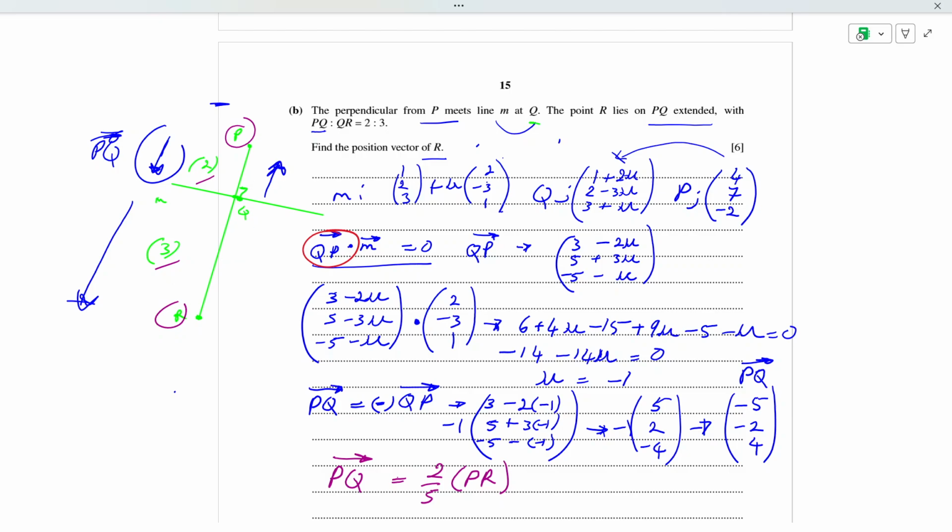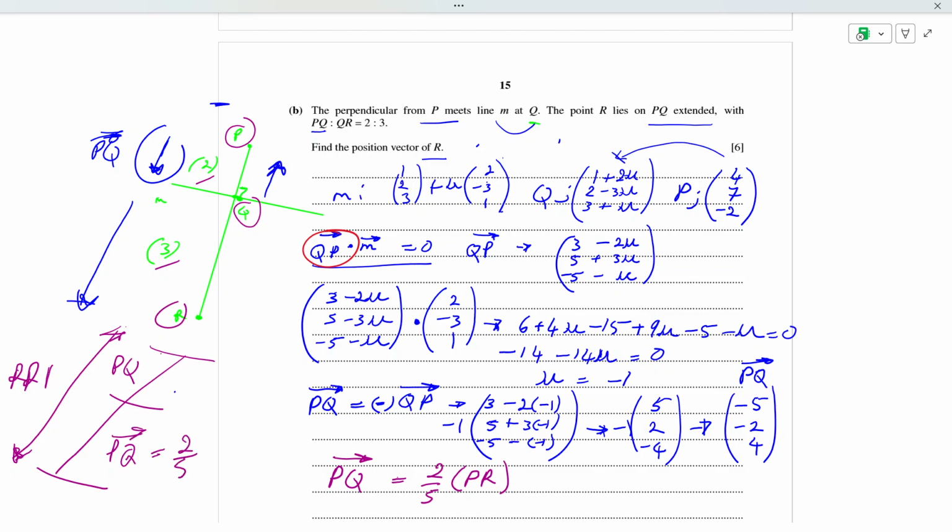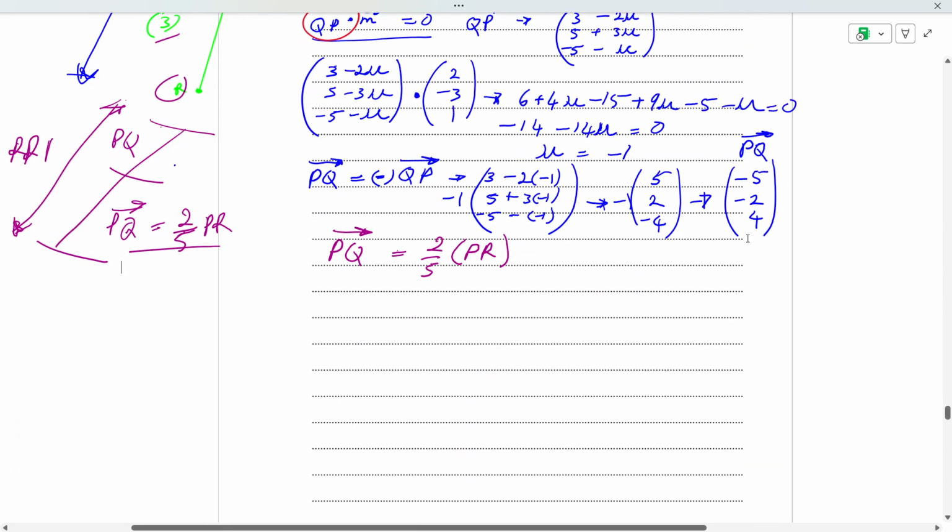The whole factor is just 5. And we know that this is Q, PQ, and this whole thing will be PR. So PQ would be equal to 2/5 of PR. That is the factor we're going to use to find what PR is.